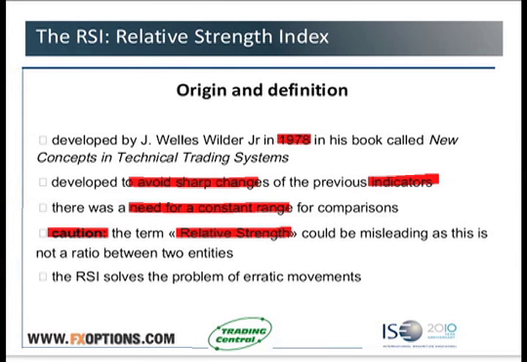But this is not the case for the relative strength index. This is not a ratio between two entities, but between gainers and losers on a single price, on a single underlying. In fact, the RSI measures the magnitude of gains versus the magnitude of the losses, and this is the speed of change of the market price, and not a ratio between two entities.